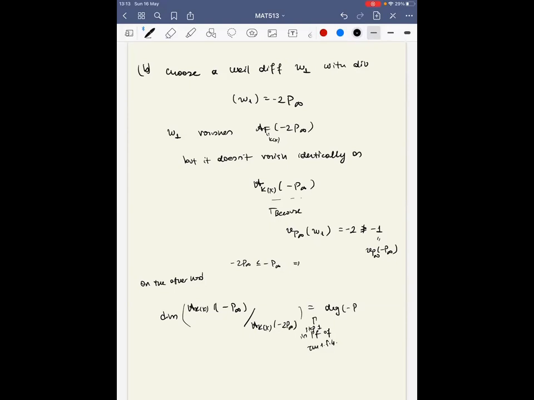Because in this case, this space is going to be a subspace of the other space. And the dimension of this quotient is determined by the degree of the first divisor minus the degree of the second divisor. This is 1. So that means these two spaces are not identical.